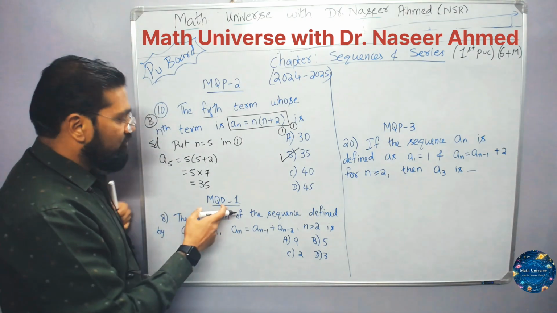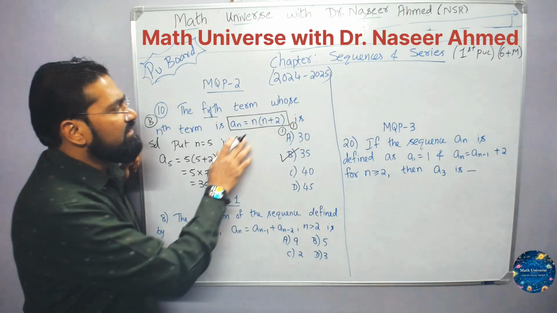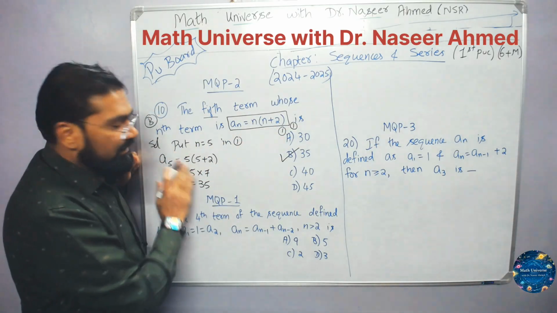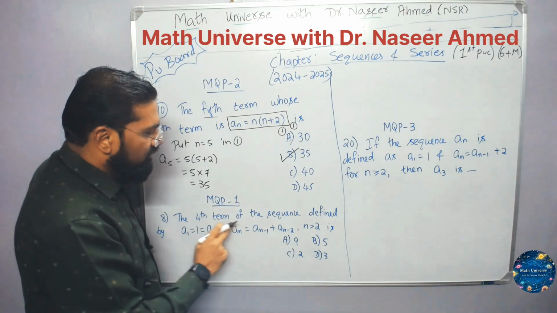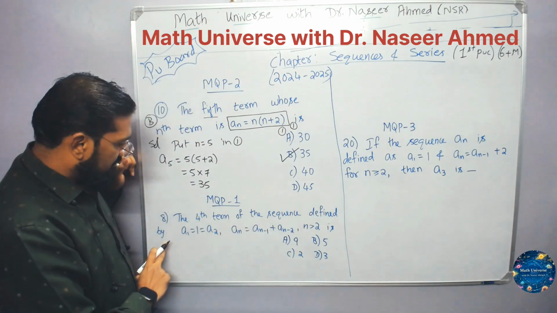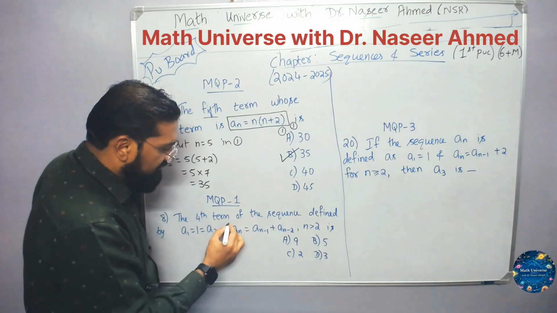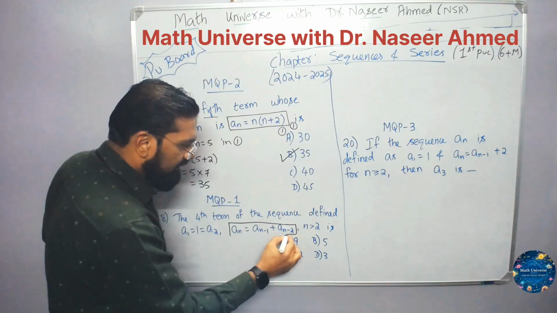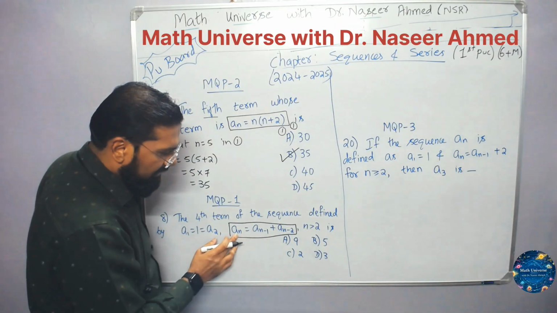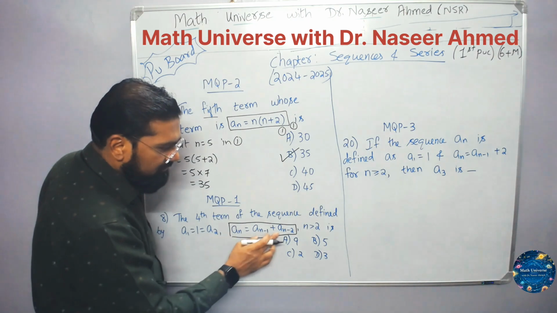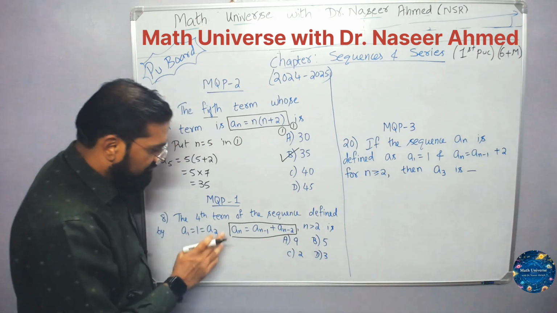Now coming to model question paper number 1. Here they have given the nth term and asked to find a particular term. But see this: the 4th term of the sequence defined by first term is 1, second term is also 1, and here they have given a particular way of writing it: an is equal to an minus 1 plus an minus 2, where n is more than 2. We have to find the 4th term.